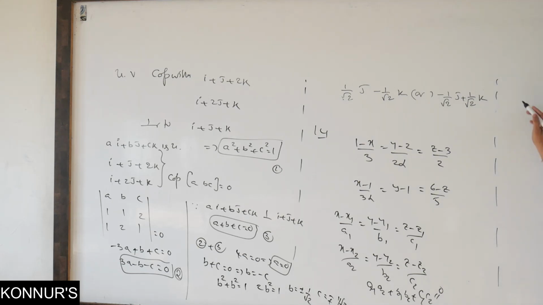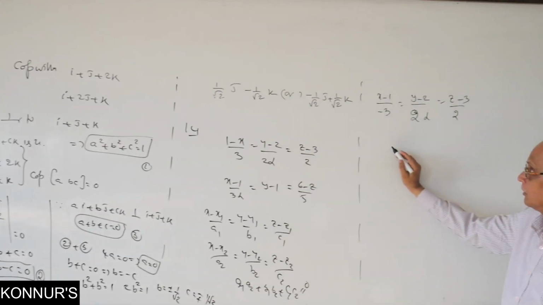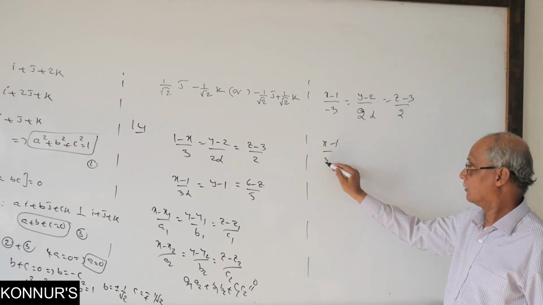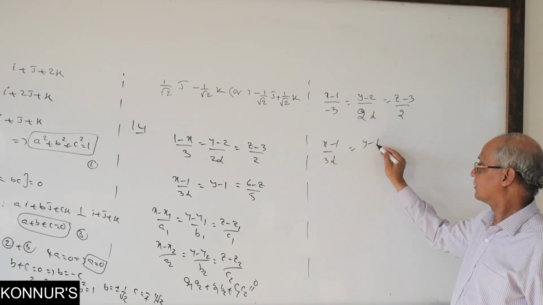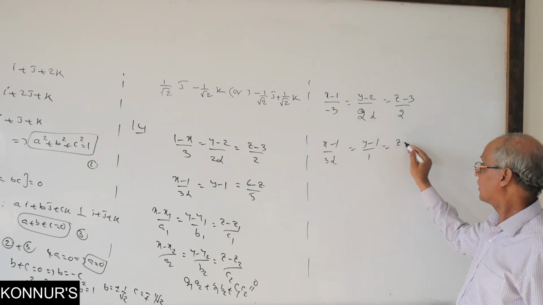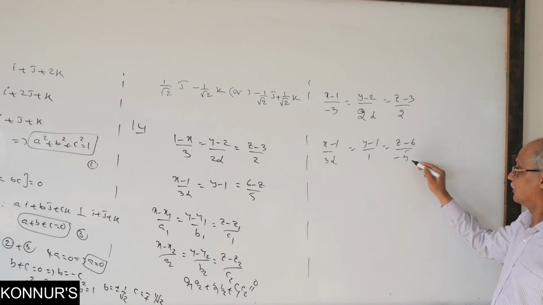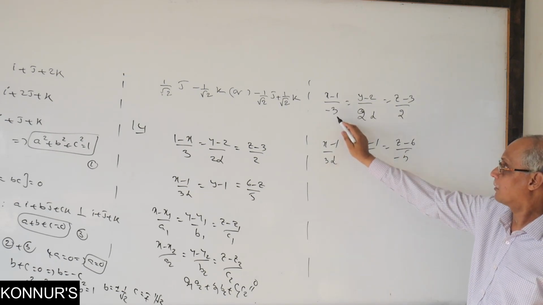x minus 1 by minus 3, y minus 2 by 2 alpha by 2. Second equation: first one is okay. Minus 2 by 1, z minus 6 by minus 5. Take this now. What is the product?